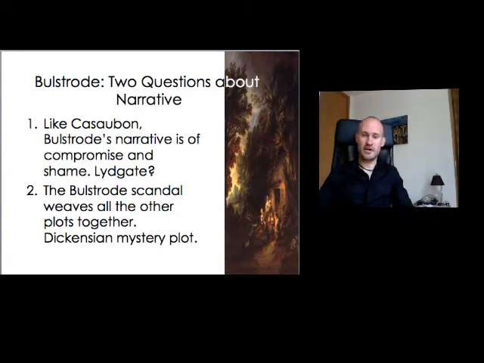When I looked in the 5th lecture, I think it was, at the Bulstrode plot, I was saying, isn't it interesting that all the older characters have a kind of jaded cynicism, and we can play this off against the ambition and idealism of the younger characters, and bring that whole viewpoint in to look at the ending. So yes, Middlemarch is a novel about youthful vocation, but it also has strong strands of cynicism.